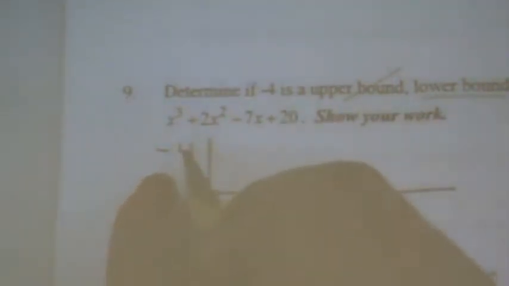Upper and lower bound, this is on your test. A negative number can only be a lower bound. It can be this, so it can't be that, upper. An upper bound is a positive number test. So what you do is you take -4, and to see if it's an upper or a lower bound, because it can't be upper, you're gonna do synthetic division.